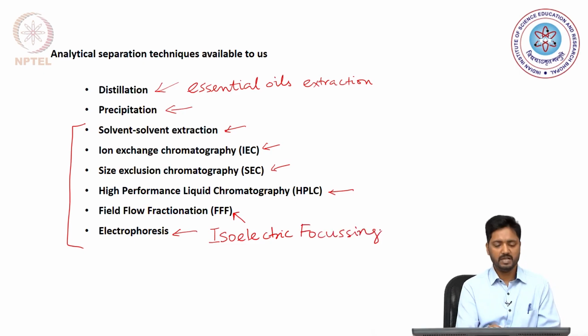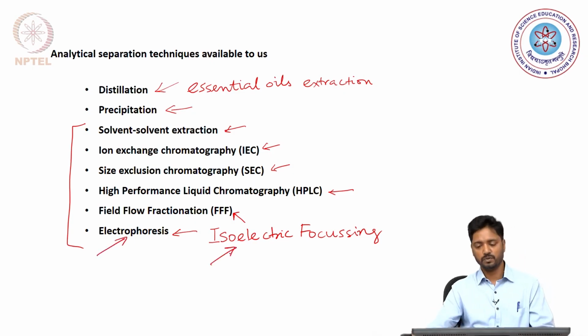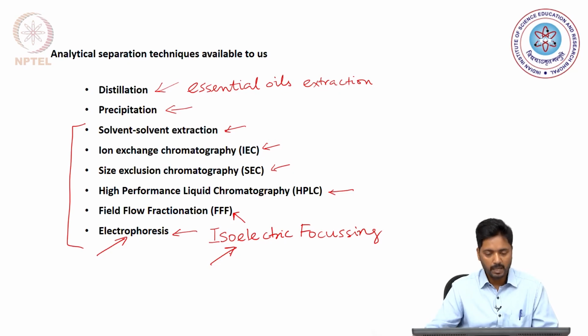So, please be aware that electrophoresis and isoelectric focusing will be employed in the context of proteins and nucleic acids, and the rest of the techniques listed above, such as solvent-solvent extraction and the various chromatographic techniques, are employed for small molecules as well.